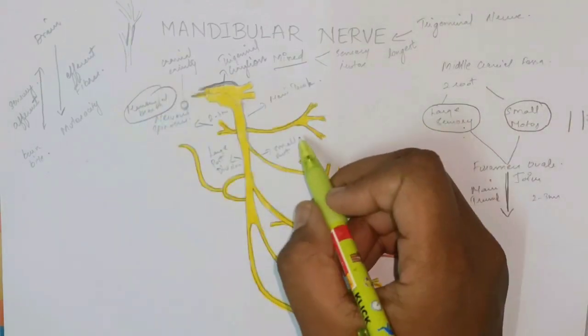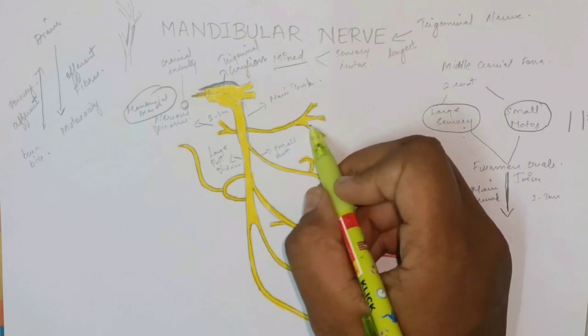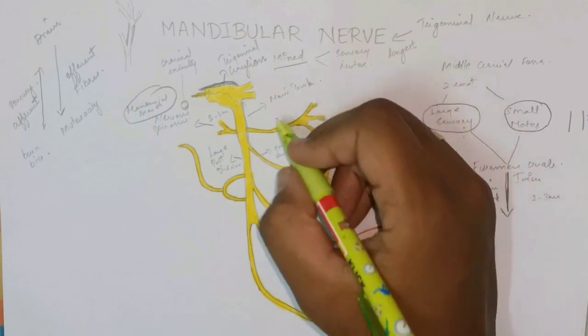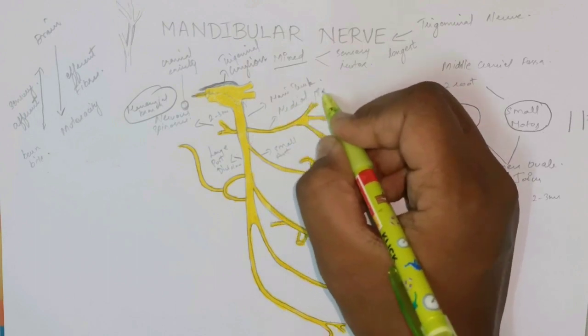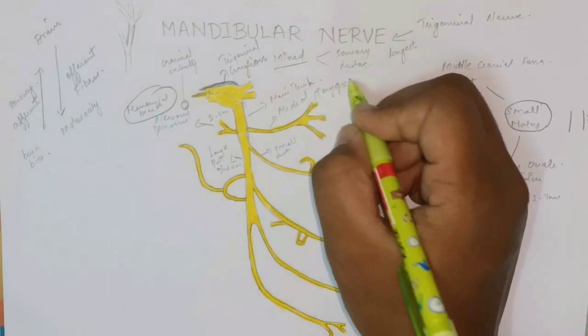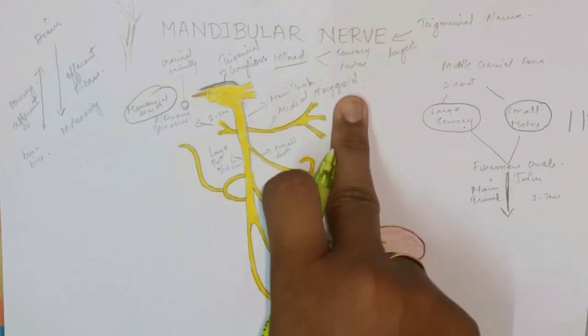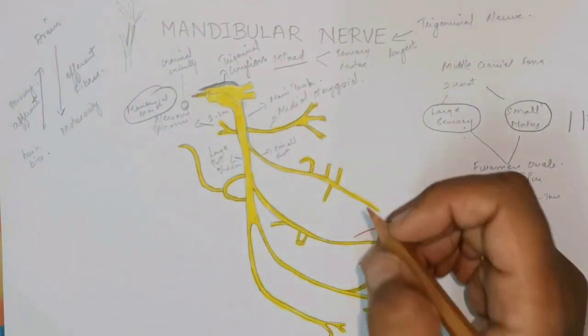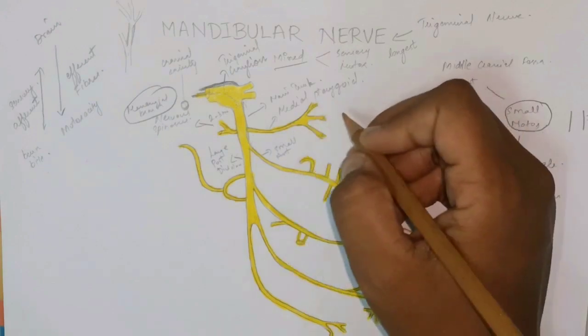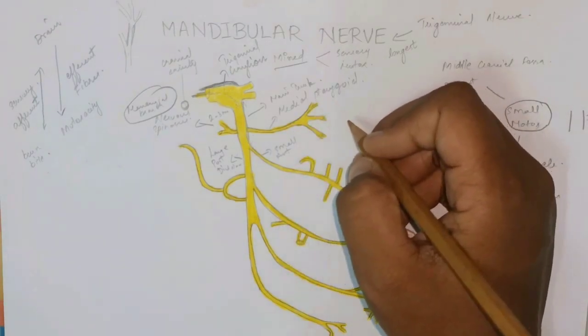And next we have to see the medial pterygoid branch, that is, the nerve to medial pterygoid. This is your nerve to medial pterygoid, which supplies the medial pterygoid muscle. Along with that, it also supplies the tensor tympani and the tensor palatini muscle.